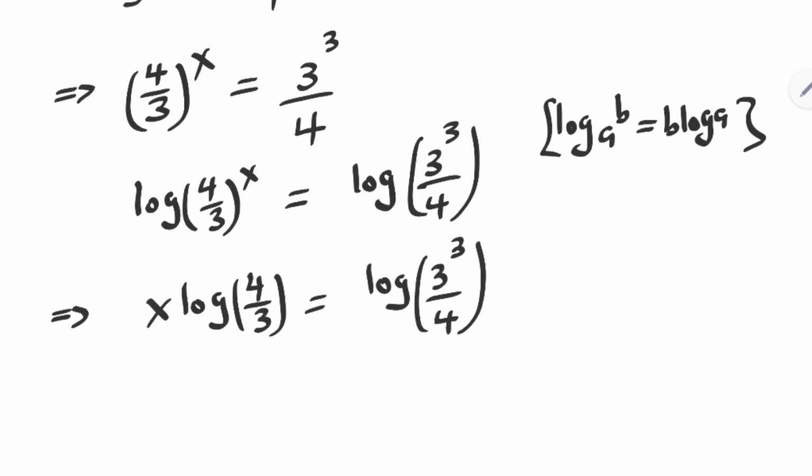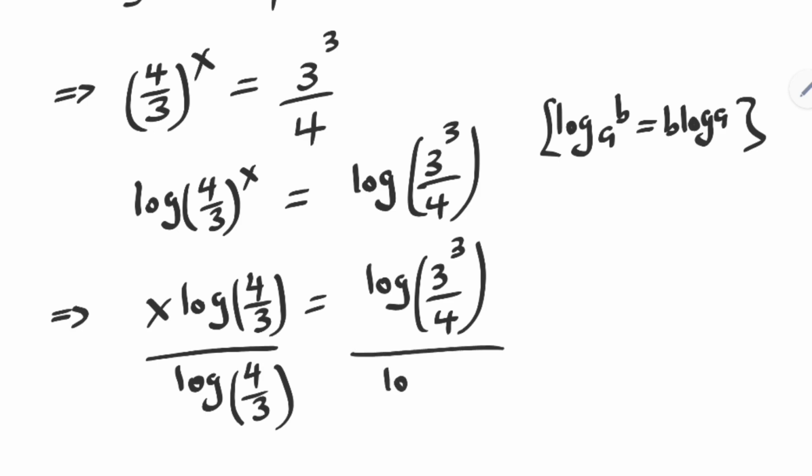Now let us divide both sides of this equation by log 4 over 3. This divided by log 4 over 3, and this divided by log 4 over 3.